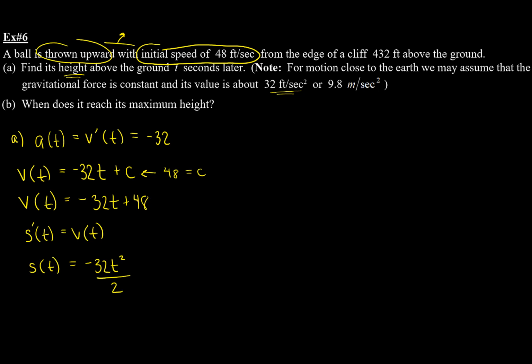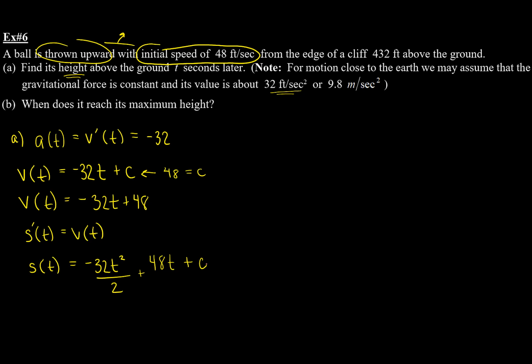This is just a constant, 48, so it's like saying 48t to the 0. So I'm going to do 48t to the 1, and then divide by 1. I don't have to write that in there. And then I've got that plus c.